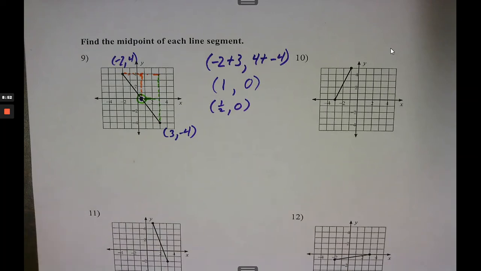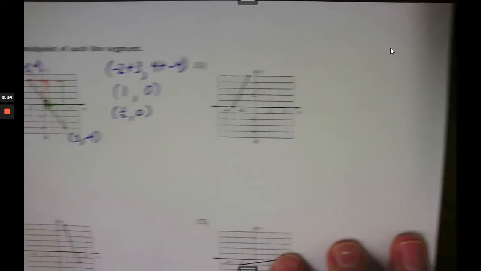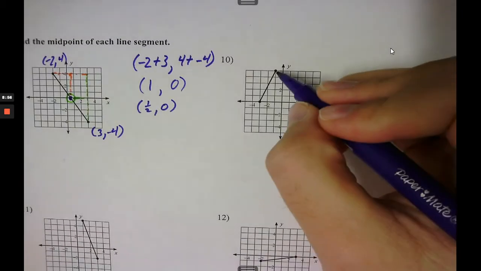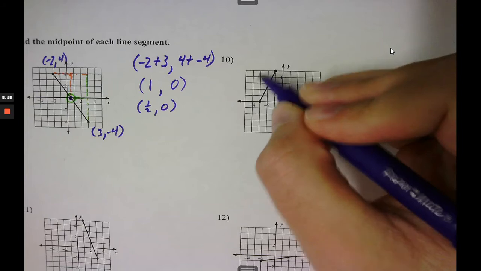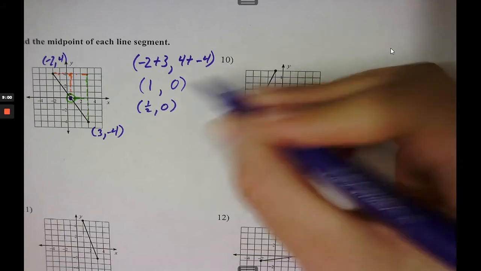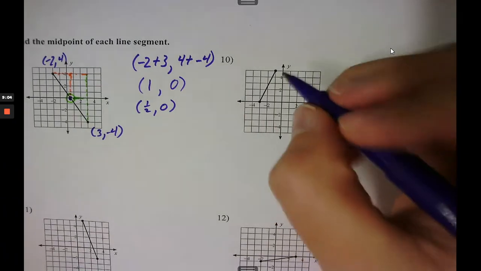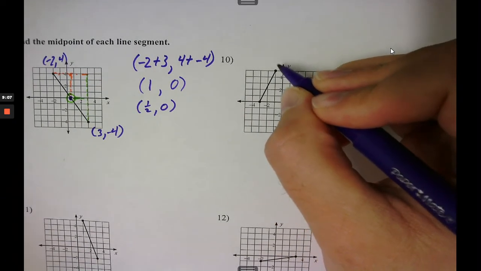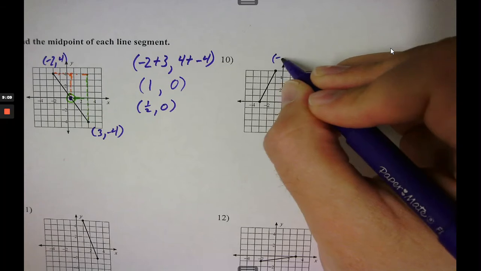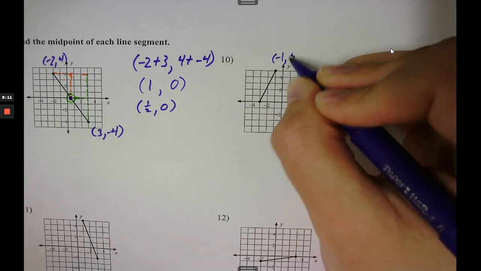Alright, let's continue on with the next one, number 2. Okay? So, write down the points. If you want to do the drawing method, go ahead. I'm going to write down the points and do this same method that I could use on both front and back. Okay? Alright, so the first point I'm going to write down is negative 1, 5.